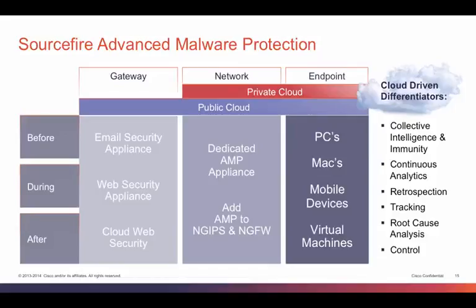But the point is that we're giving our sales teams multiple entry points into the customer, and we're giving the customer, if they go either with a single product or with the entire solution, more visibility and more control into the files and the network traffic that's going across their network.